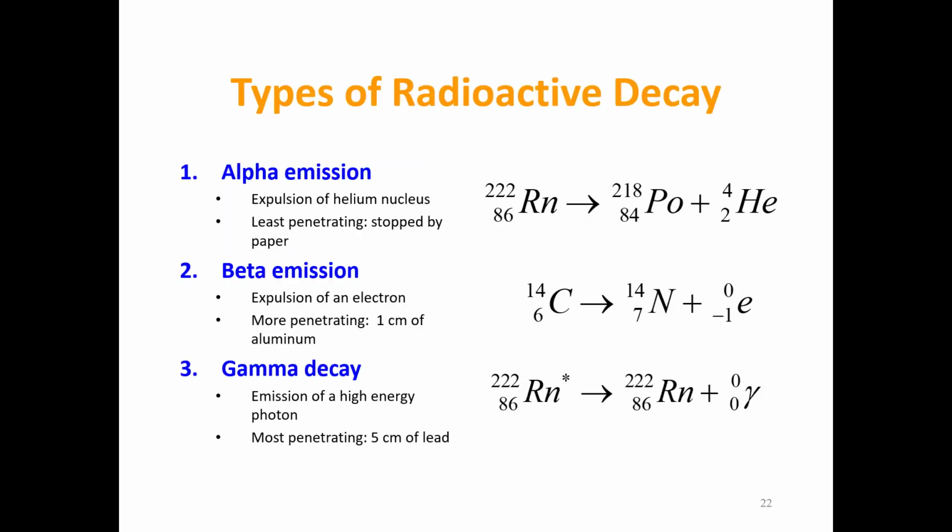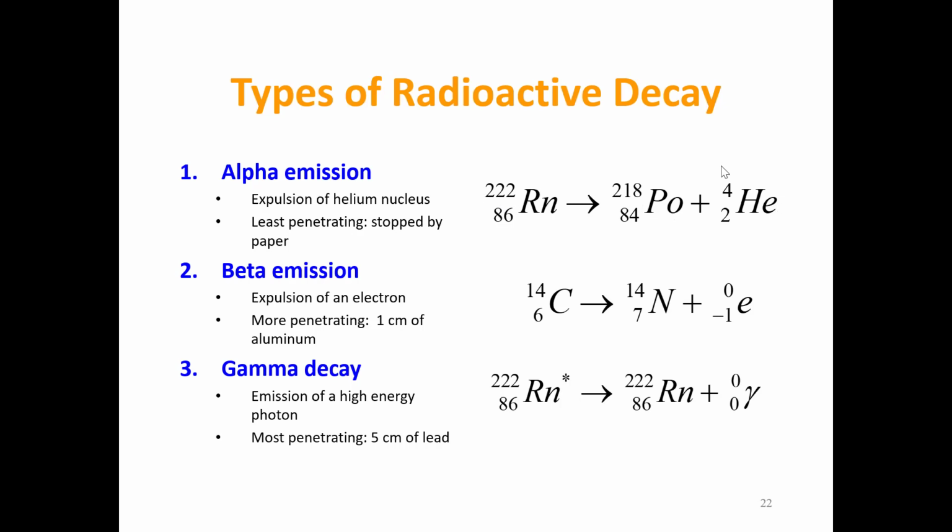Here in this slide, we can summarize the three different types of radioactive decay we discussed in the previous slides. We have alpha emission, and we know that in alpha emission, the atomic number is reduced by 2, and the mass number is reduced by 4.